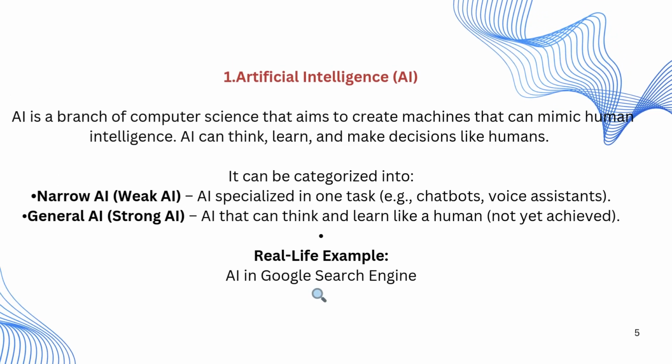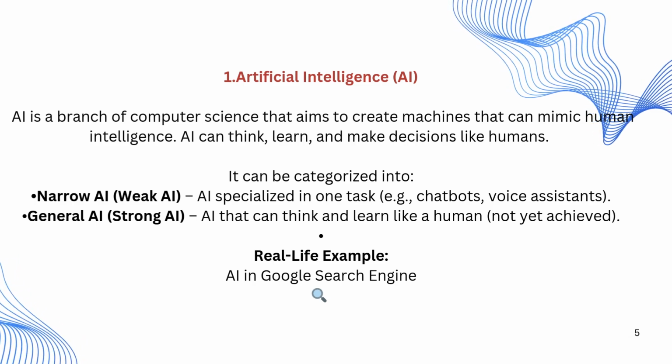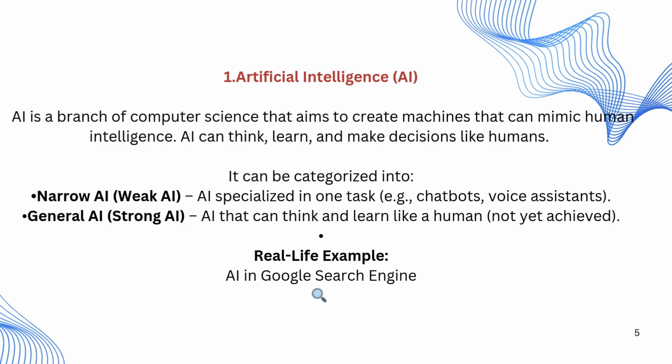AI is the branch of computer science that aims to create machines that can mimic human intelligence. AI can think, learn, and make decisions like humans. Basically, it is categorized into two forms: narrow AI and general AI.